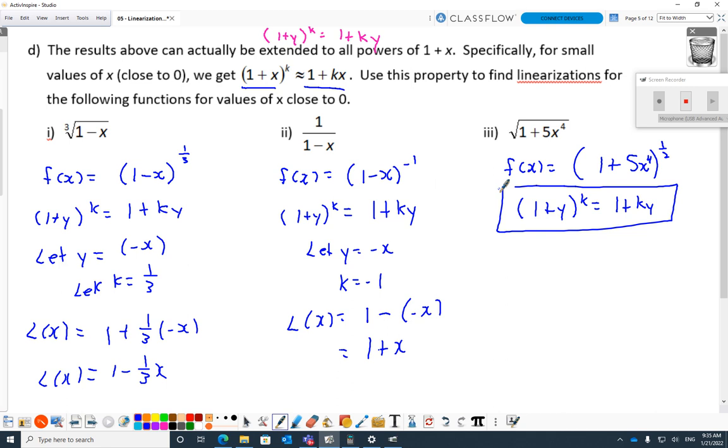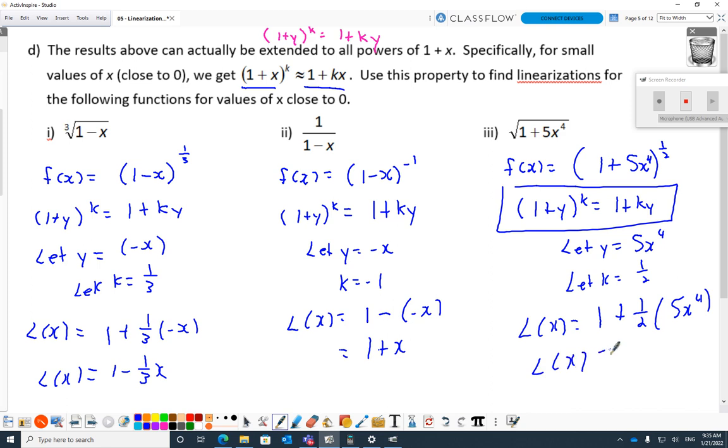Y would equal 5x to the power 4. Yeah, good. Let y equal 5x to the power 4. What's in there? And the k is 1/2. So I get my linearization of x is 1 plus 1/2 of 5x to the 4th. So my shortcut gives 1 plus 5/2 x to the 4th.